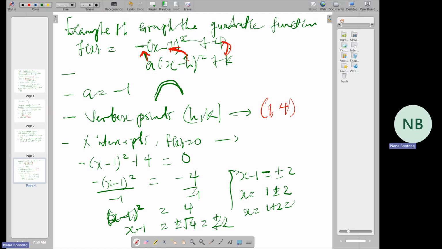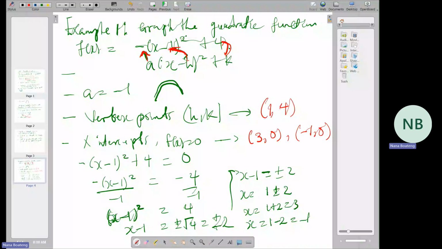So the x-intercept points will be (3, 0) and (-1, 0). Remember, we said f of x is equal to 0, so at the x-intercepts the y values are all 0. We have two x values, and each of them has a y value of 0.